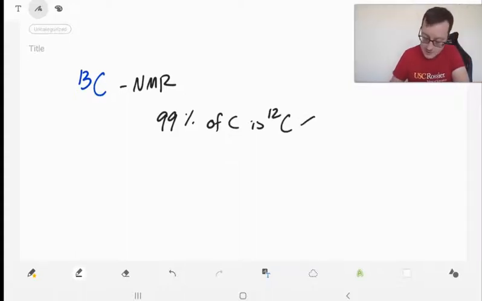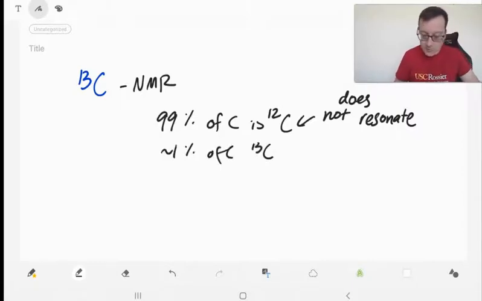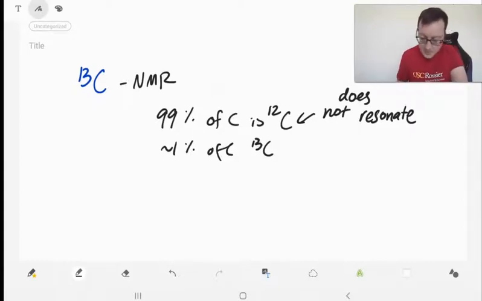Which does not resonate. And so we're looking at only carbon-13. About 1% of carbon is carbon-13, and we have a smaller percent that's carbon-14, right? But carbon-13 is the only active nucleus here.